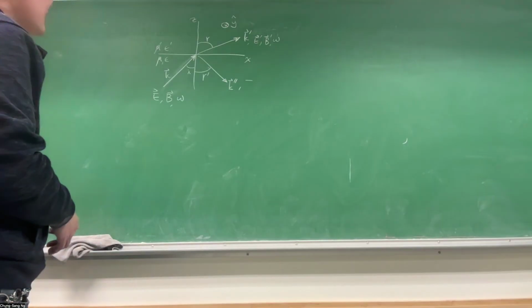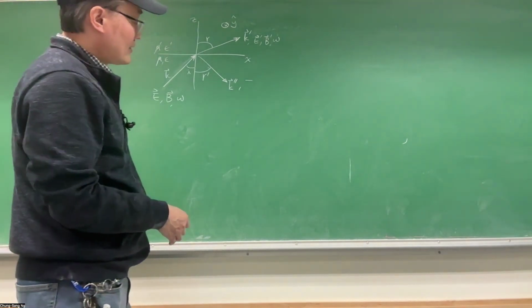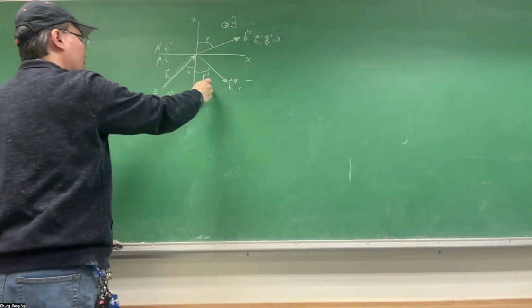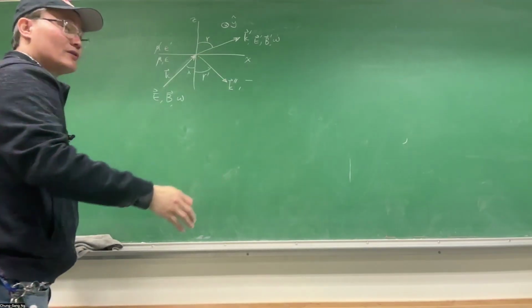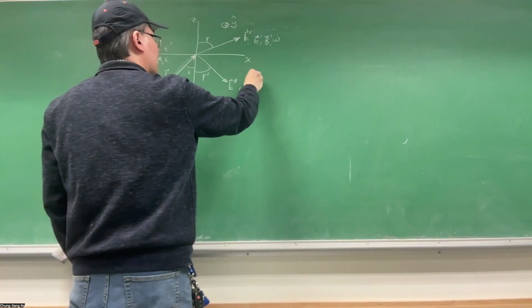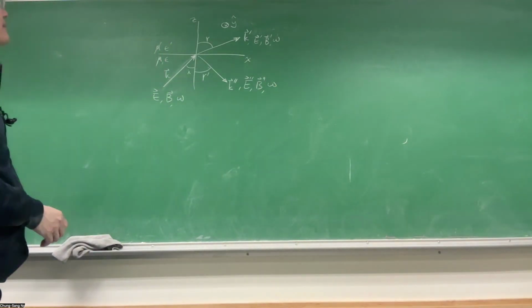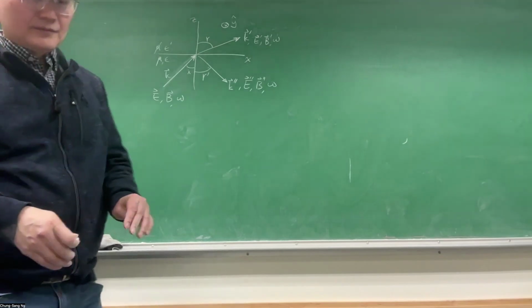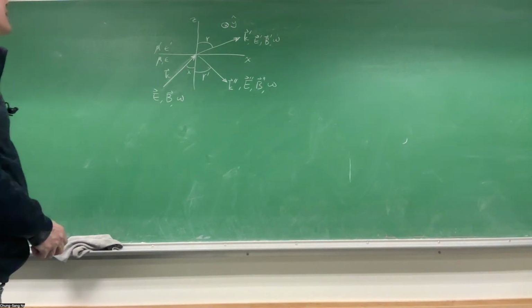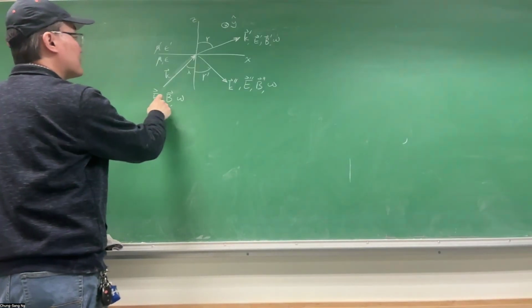Once you require that they satisfy the boundary conditions, you can derive all these geometric optics properties: the reflected angle is the same as the incident angle, and then Snell's law, which you will see right away. So now we have B double prime, B prime, still oscillating. That's all the notation and the geometry.